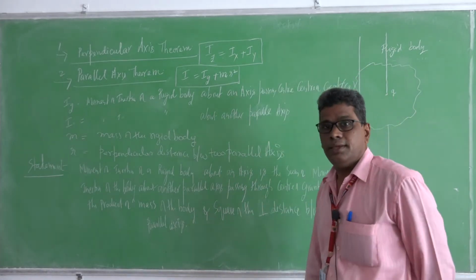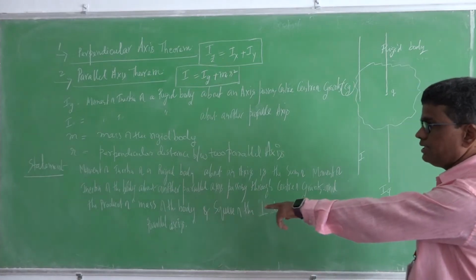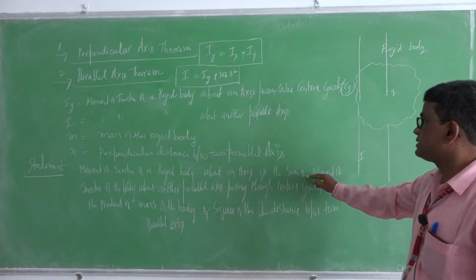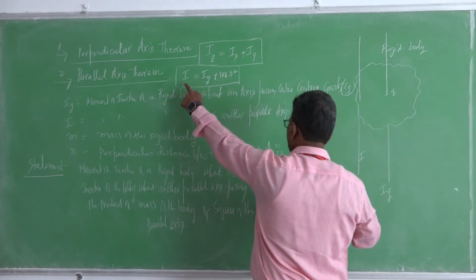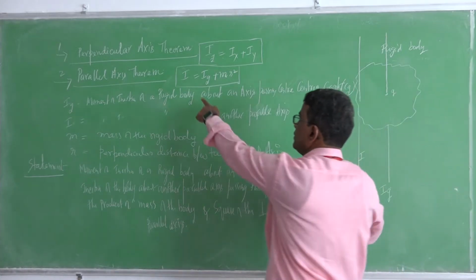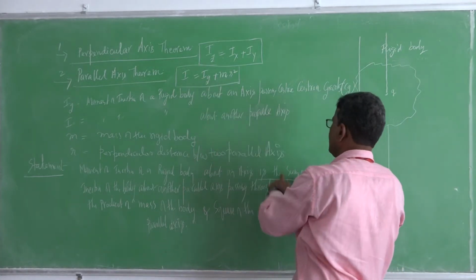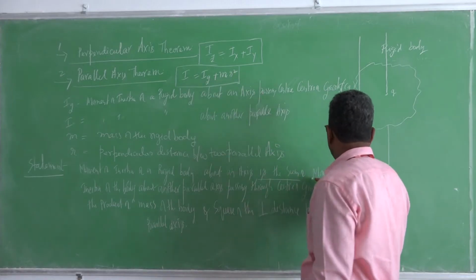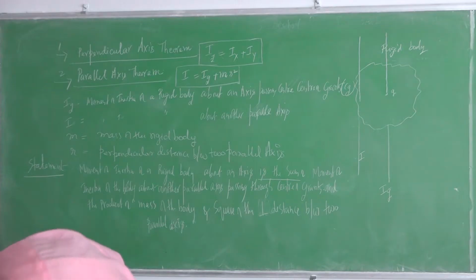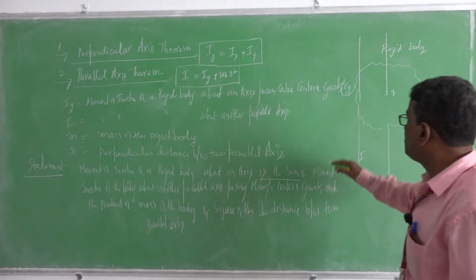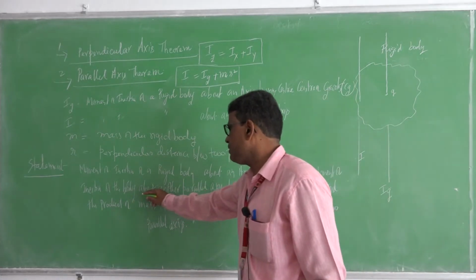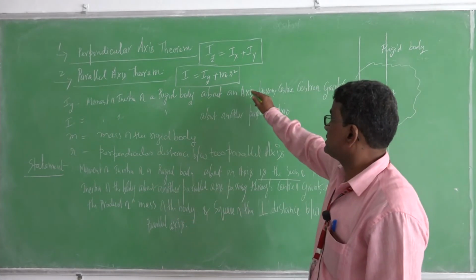So this is the statement of the parallel axis theorem. Once again, the moment of inertia of a rigid body about an axis, this is I, is the sum of the moment of inertia of the body about another parallel axis.